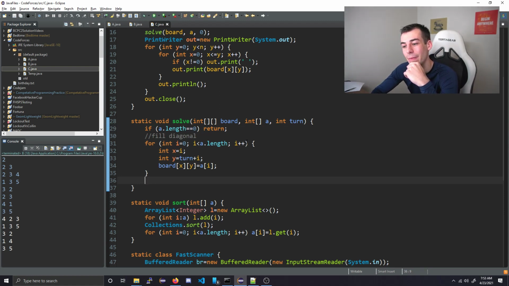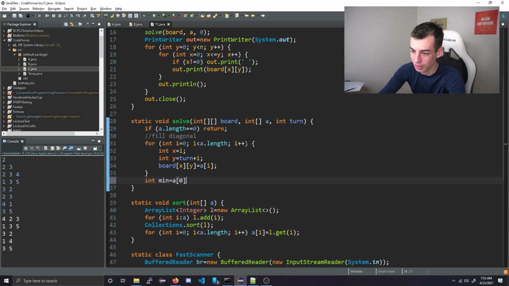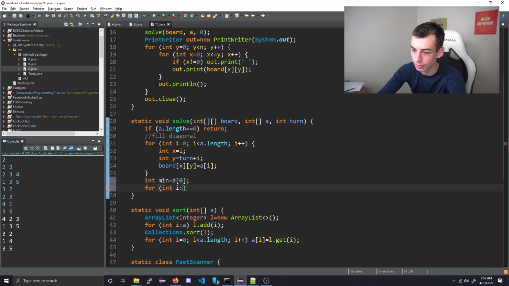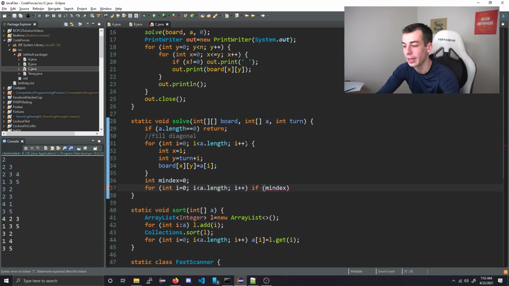Yeah. So int min equals a at 0. Mindex is a cool word. So if a at mindex is greater than a at i, then mindex should be i.